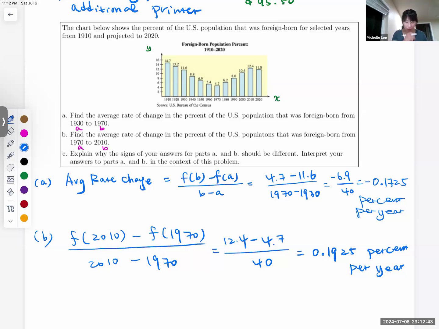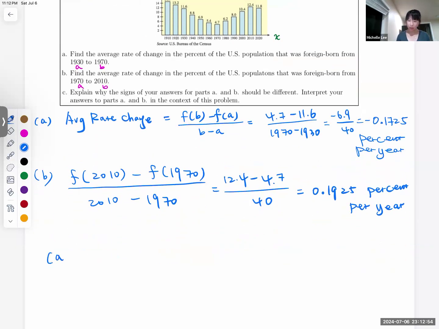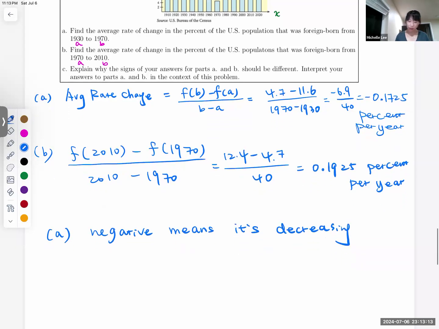Okay, so explain why the sign of your answer for A and B is different. So for A, we have a negative, means it's decreasing, right?